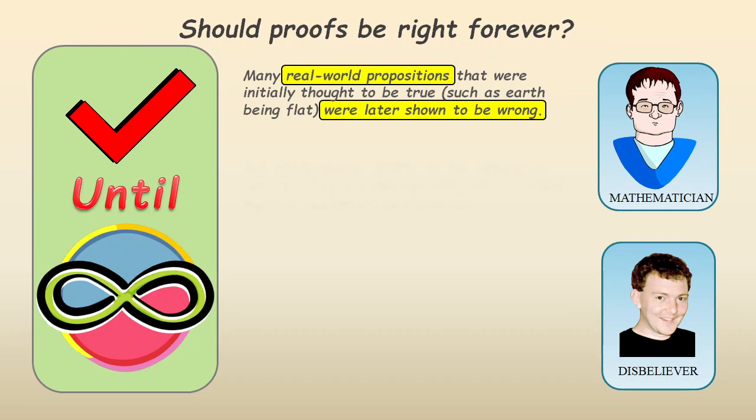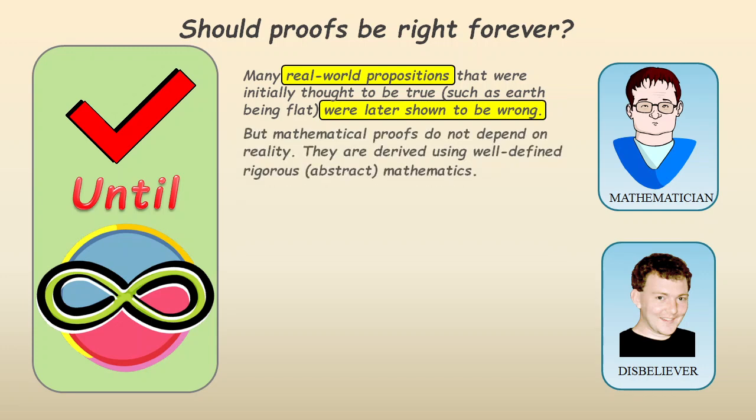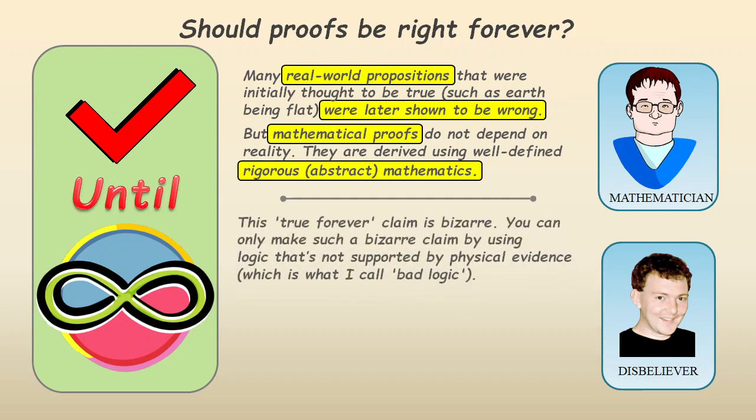The reason mathematical proofs can't later be proven wrong is precisely because they don't rely on physical reality. They are underpinned by abstract concepts that have supposedly been rigorously defined. But some of us find it bizarre that anything can be claimed to be true forever.